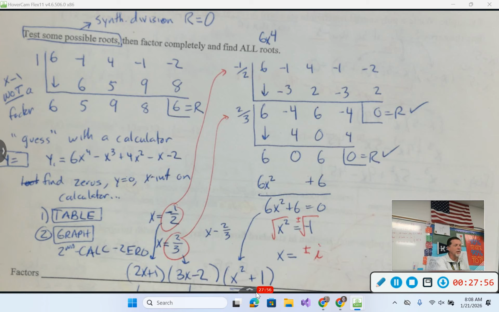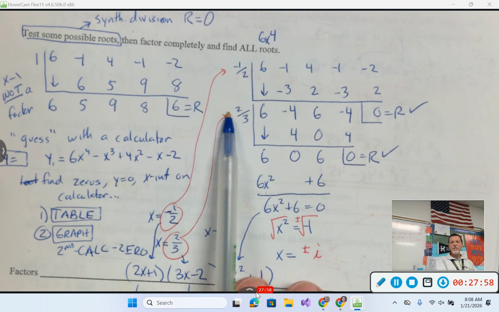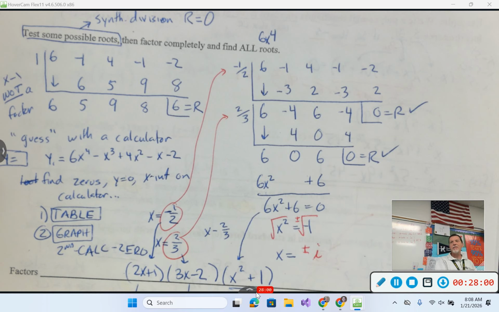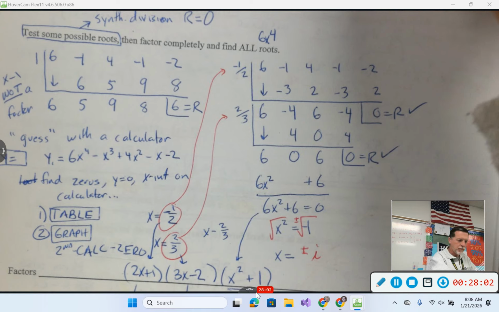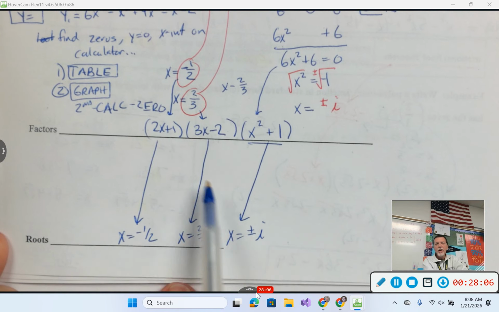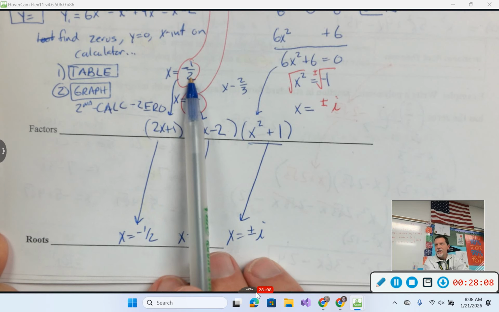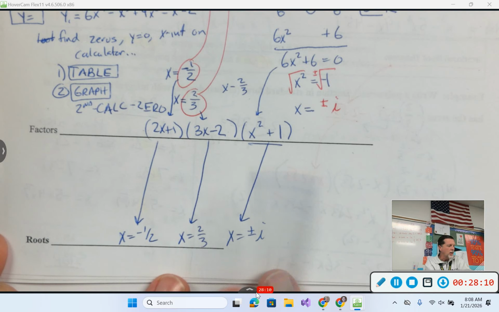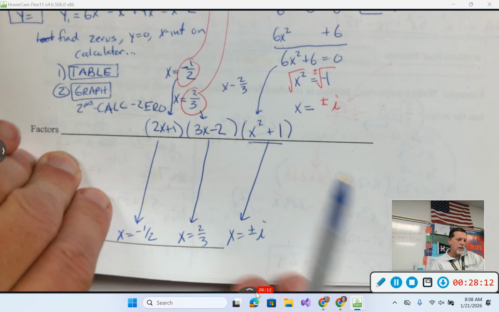The quadratic formula. So you have to find enough zeros to get it down to x squared, and then you're good. So we're still factoring and finding zeros. We're just using our calculator to kind of cheat us along and help us get to the end.